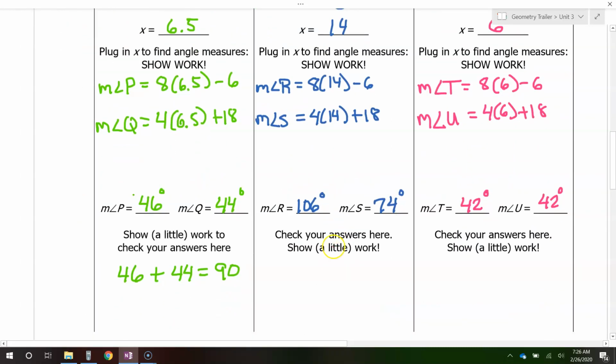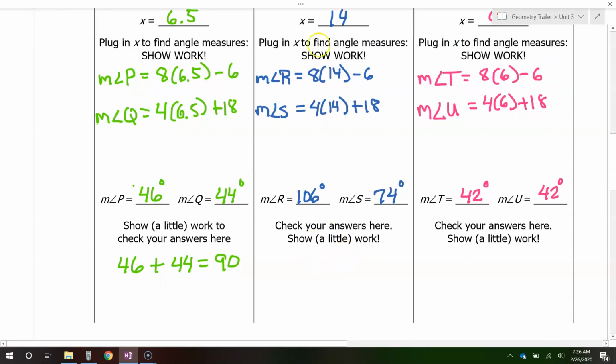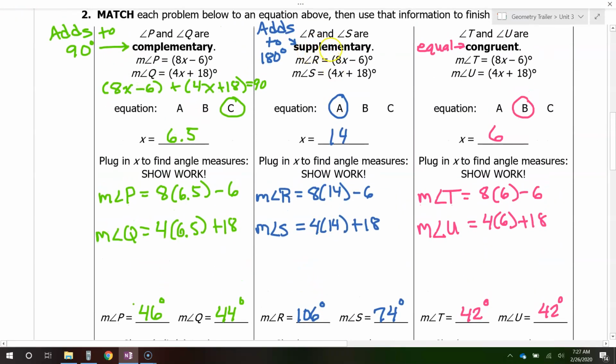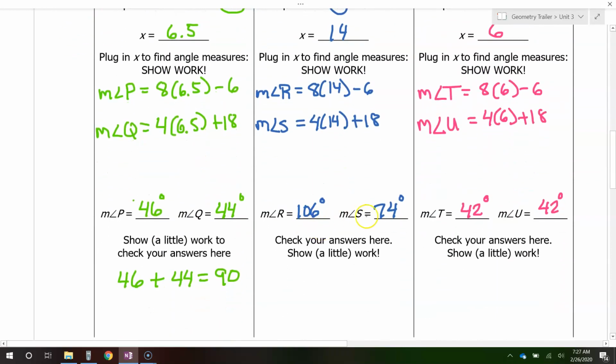Okay. Hey, I just realized I forgot to check my answer on the last problem, so I need to go back and do that. So supplementary. These two angles were supposed to be supplementary. So that means they have to add up to 180. So my check would be, does 106 plus 74 equal 180?